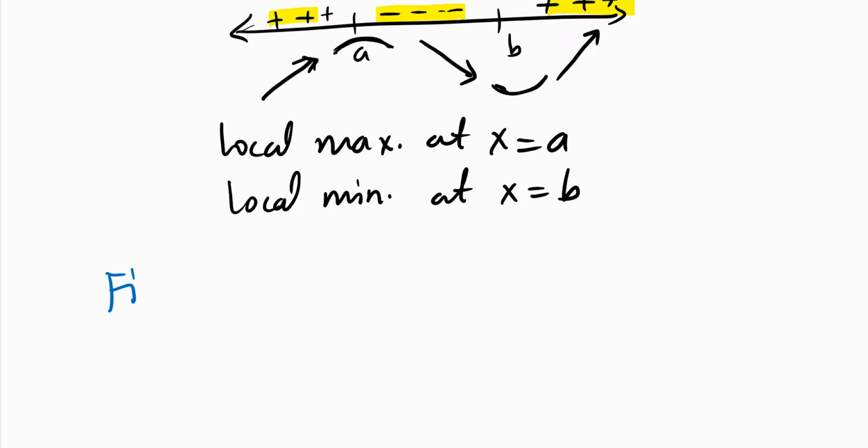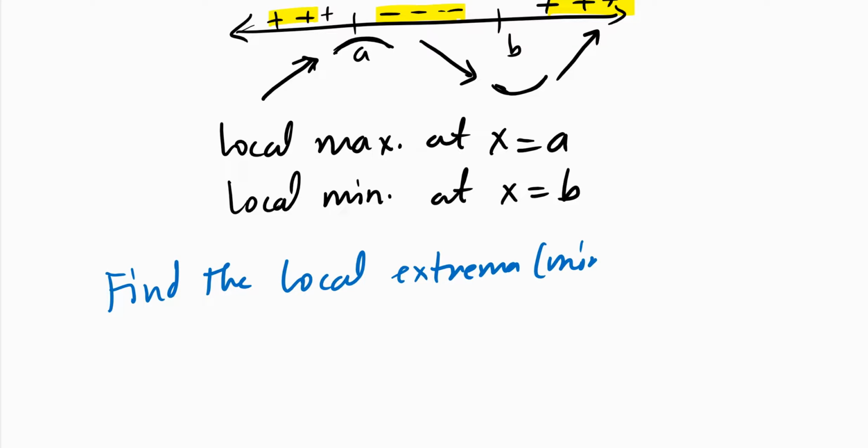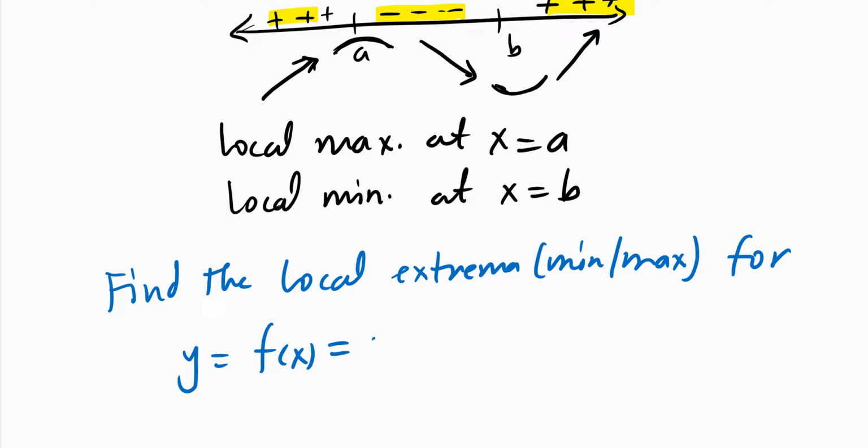Find the local extrema. Extrema means min or max. For, let's say, y equals f of x equals x to the fourth minus 4x cubed. Let's look at this function. So what do we need to do?